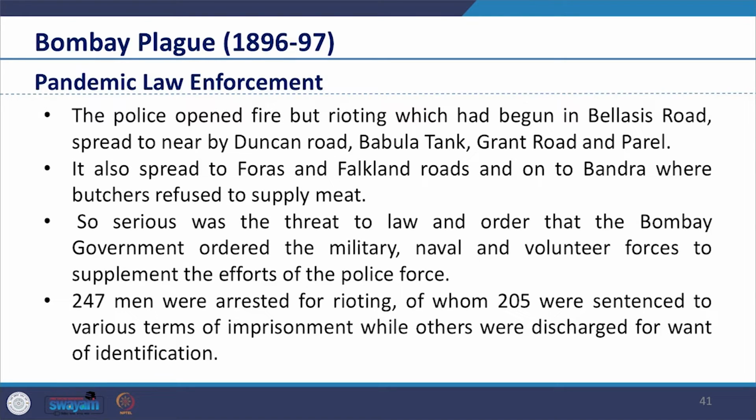So serious was the threat to law and order that the Bombay government ordered the military, naval and volunteer forces to supplement the efforts of the police force. 247 men were arrested for rioting, of whom 205 were sentenced to various terms of imprisonment, while others were discharged for want of identification.